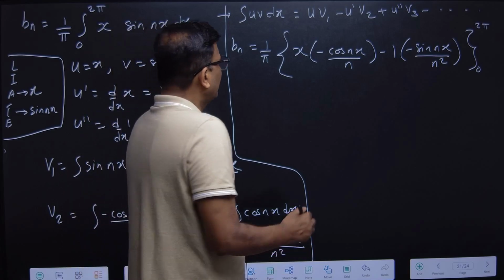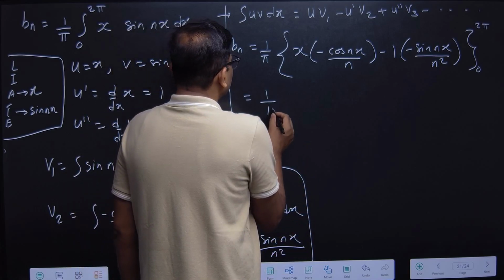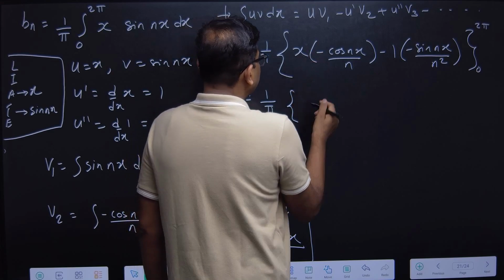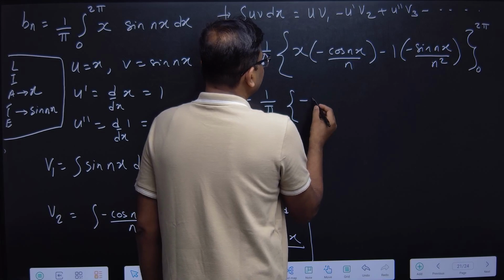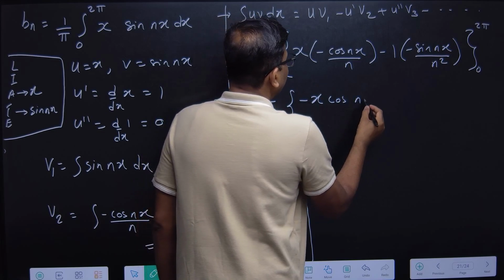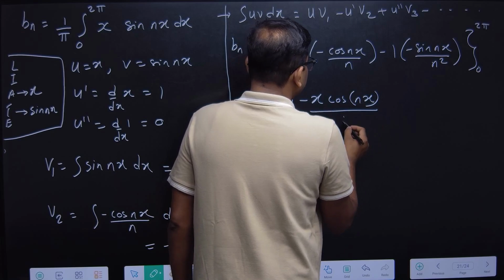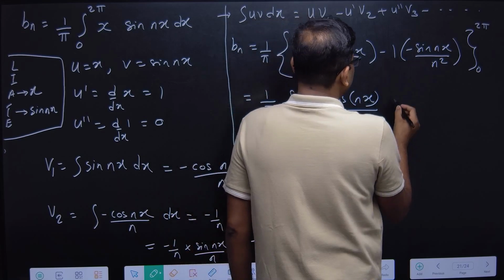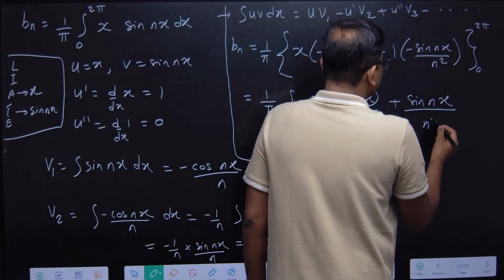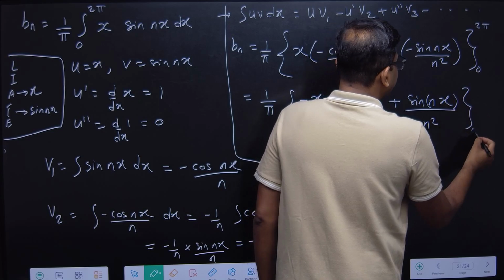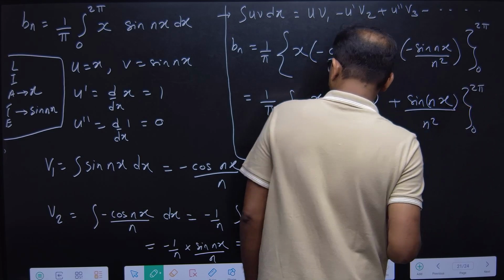Now if we just simplify this, first of all, minus into plus will become minus here. It will be x into cos of nx divided by n, minus into minus will be plus here into sine of nx upon n square, and this entire term is within the limit 0 to 2 pi.